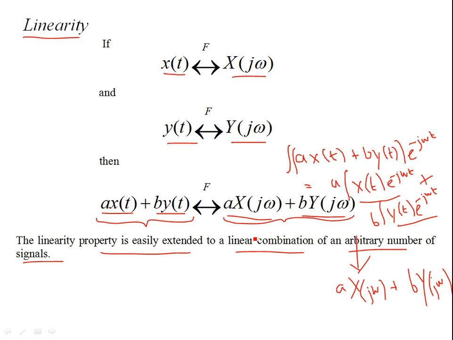Again, any signal that is a linear combination of arbitrary signals has a Fourier transform representation that is the linear combination of the Fourier transform of each respective signal.